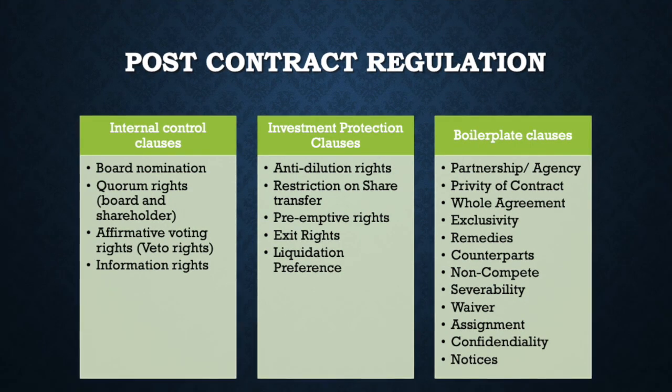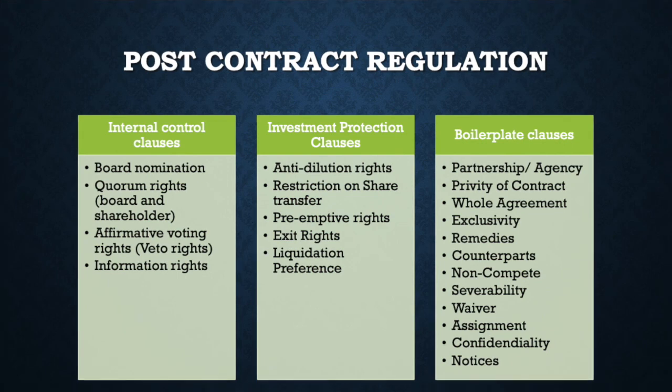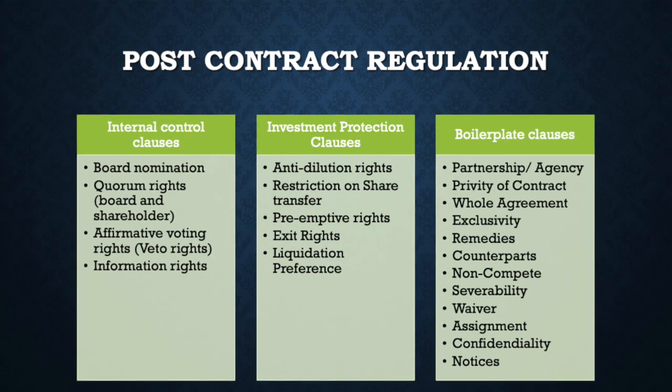Exit rights determine how the investor will actually exit the company. Now, most investors prefer having a qualified initial public offering as an exit strategy. However, it's not always possible for an IPO to take place in most private companies.